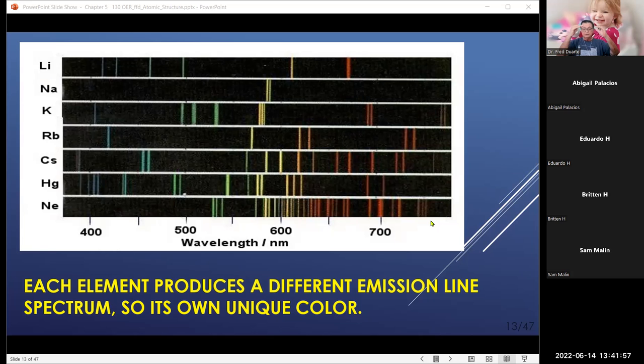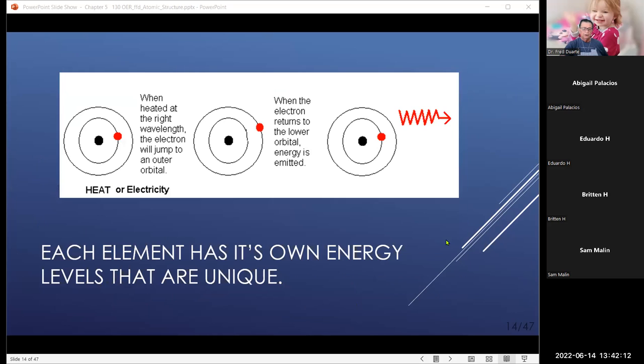And then, like I stated, they don't hang out there very long. They drop back down to the ground state. And when they do that, they have to emit the energy they absorbed, and they emit it as light, okay? A specific energy.